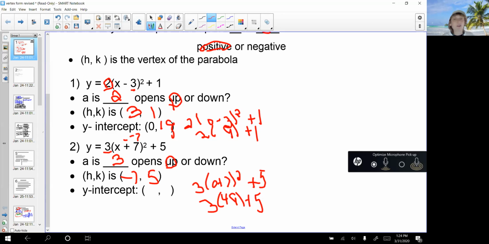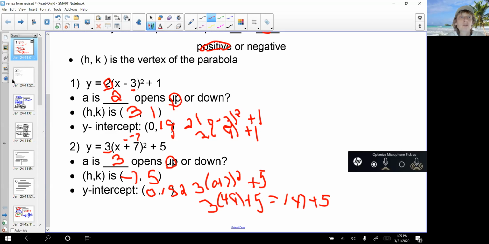I'll get my calculator out. 3 times 49, see what that is. That is 147 plus 5, I was thinking ahead here. It ends up being 152. So we're going to put down 152 right over here.